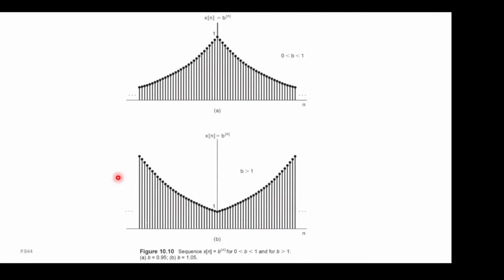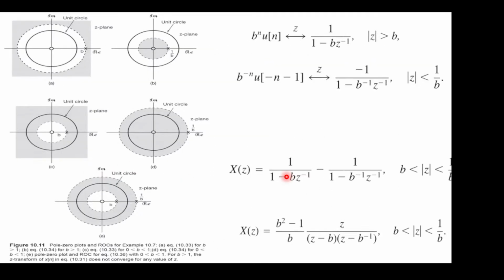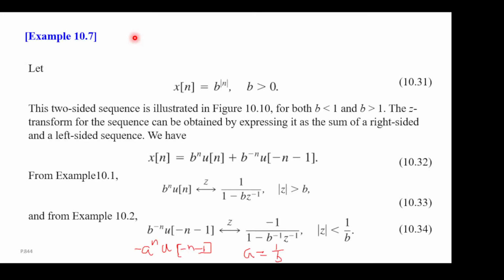Whatever z you take, it doesn't converge. You can see from the left-sided and right-sided analysis that they don't have overlapping ROC, so they cannot converge at the same time. So there is no ROC.